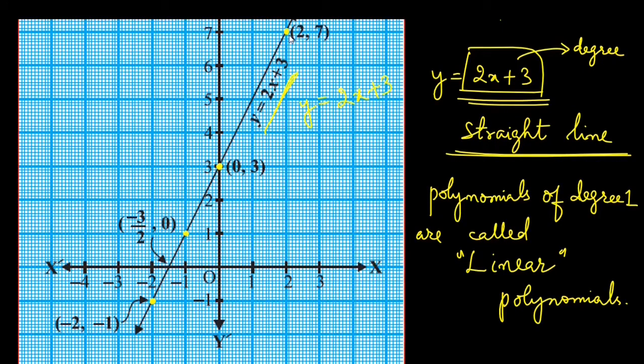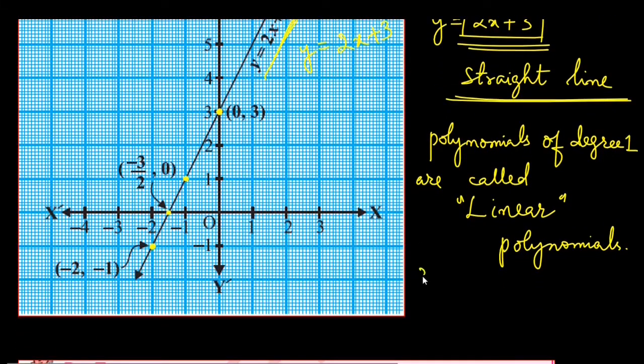Now this straight line is intersecting the x-axis here. This is between x is equal to minus 1 and x is equal to minus 2.